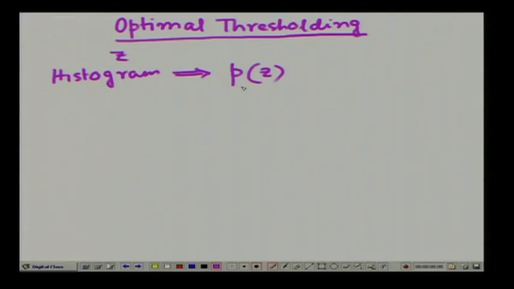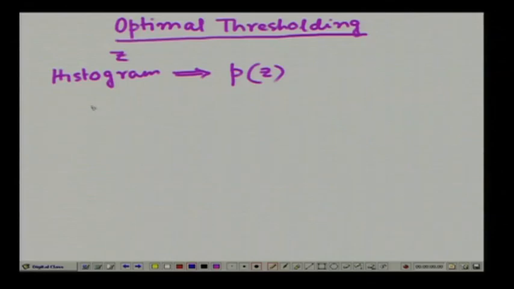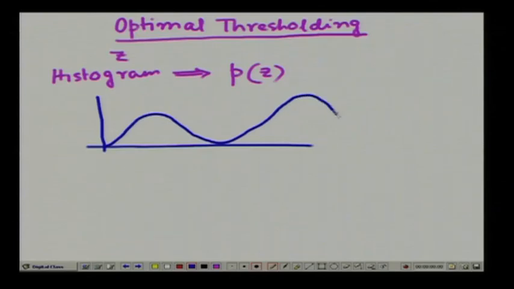Now, as we have assumed that the image contains two major intensity regions, two dominant intensity values, our histogram is likely to be a bimodal histogram. So, the kind of histogram that we will get for this image is a bimodal histogram. It will be something like this.